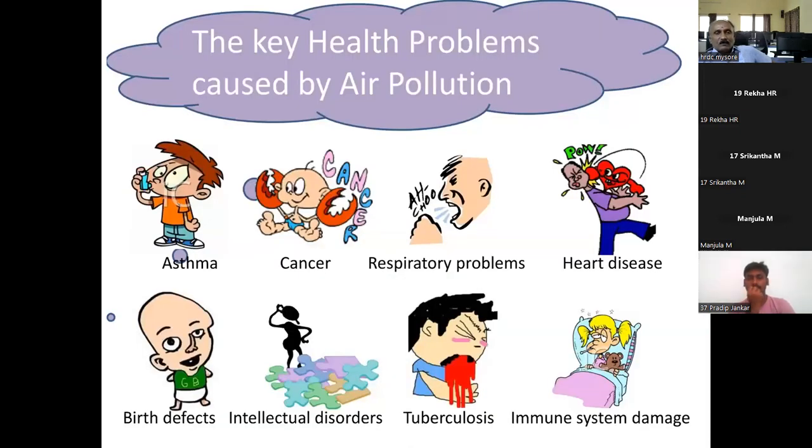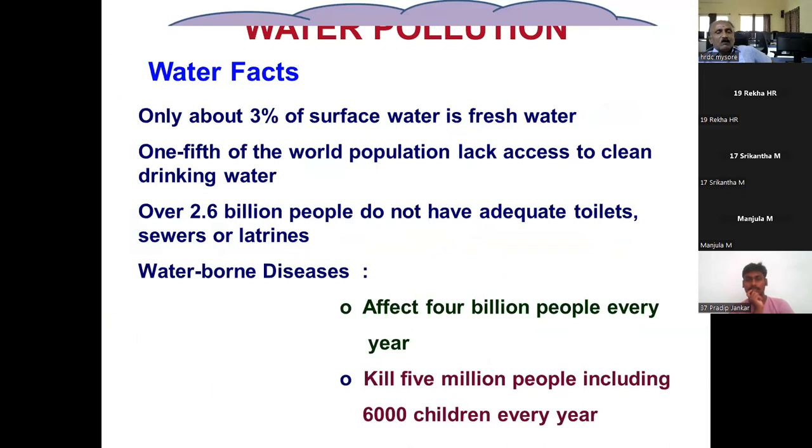Now, in other words, the pollutants due to air pollution may result in all these possible types of health hazards. Now, even water is not exempted. During disasters, even water bodies may get affected. According to WHO, even 2.6 billion people do not have adequate toilets or sewers or latrines in the normal course itself.